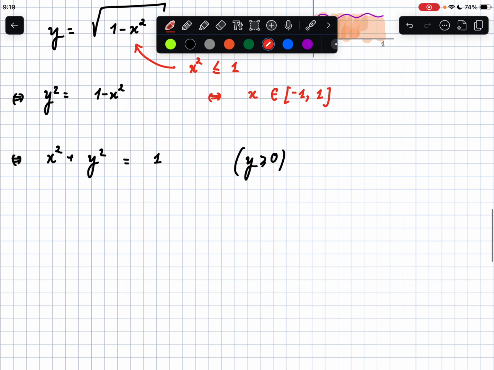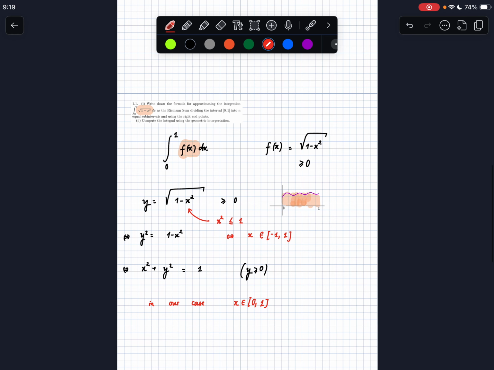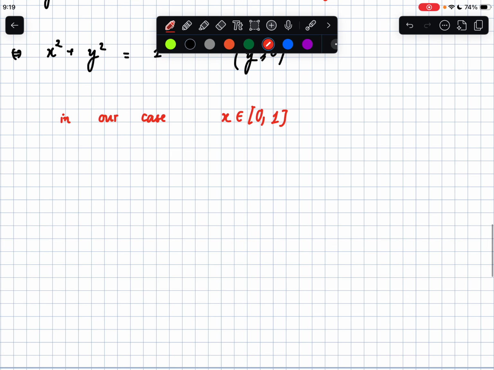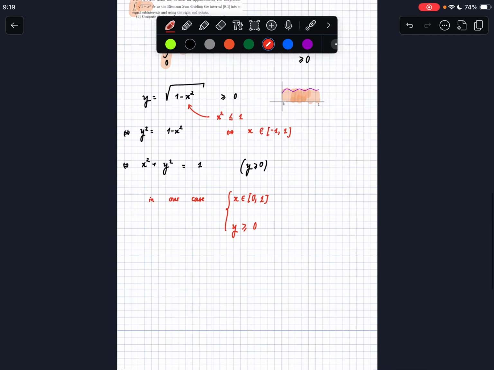In our case, x is between 0 and 1, because the integral asks us to compute from 0 to 1, and y is bigger than or equal to 0. So it is a quarter of a circle.